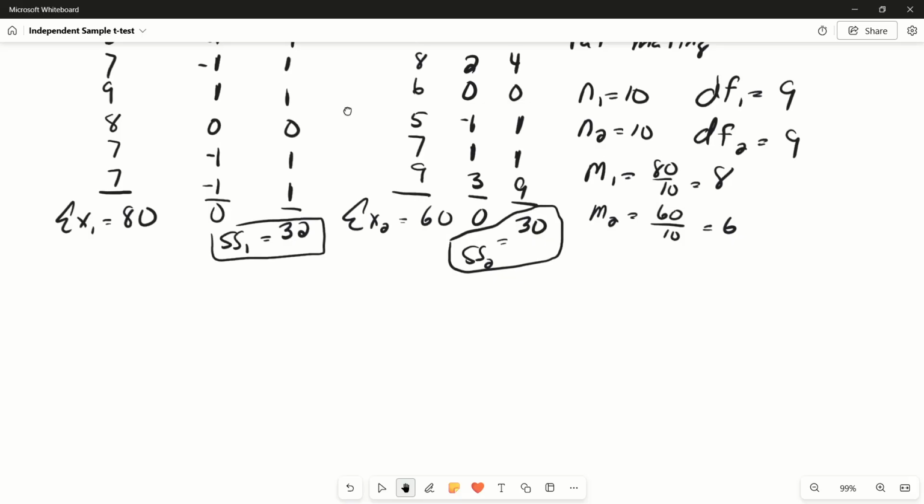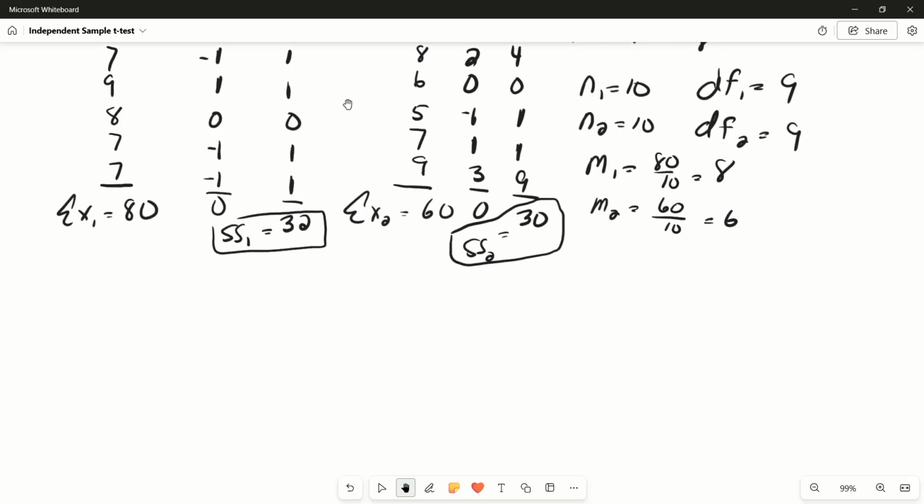So let's find the pooled variance estimate here. S squared sub p, pooled variance, is equal to sum of squares 1 plus sum of squares 2 divided by degrees of freedom 1 plus degrees of freedom 2. So basically, this is weighting both samples.